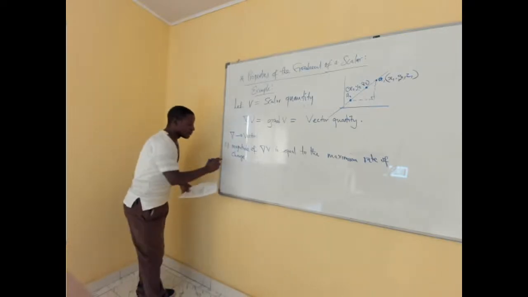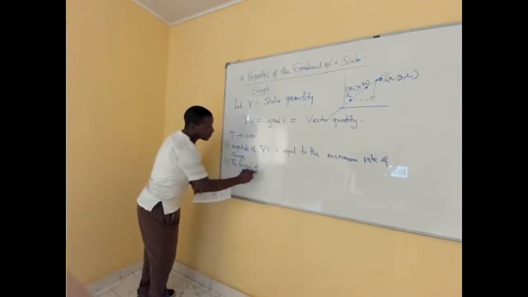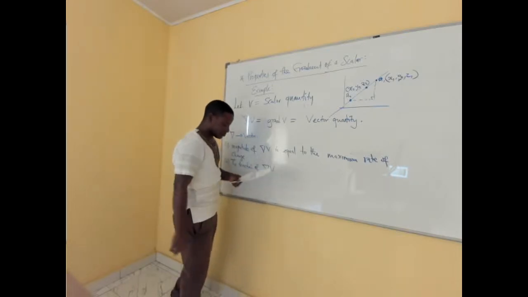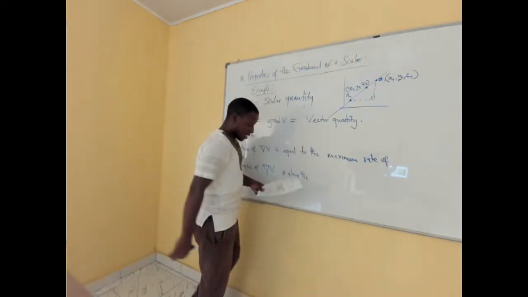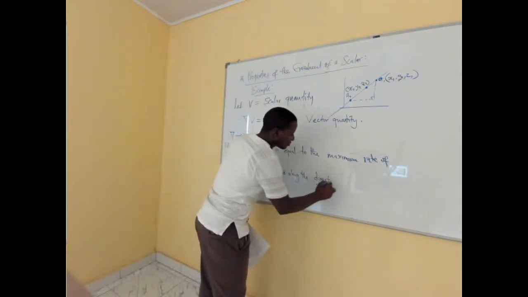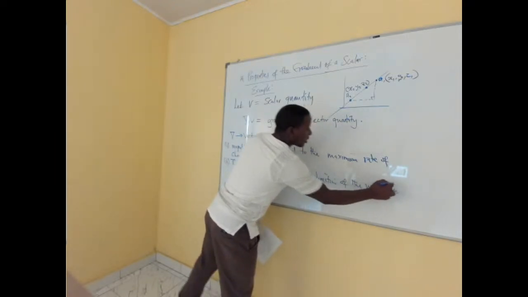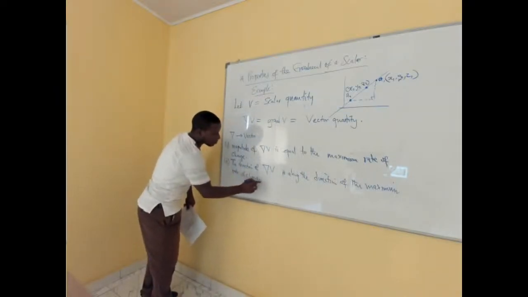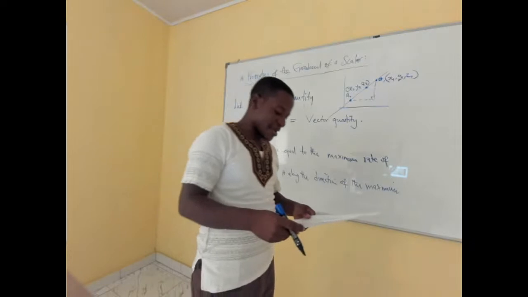Now, number 2, the direction of this gradient is along the direction of the maximum rate of change. As simple as that.